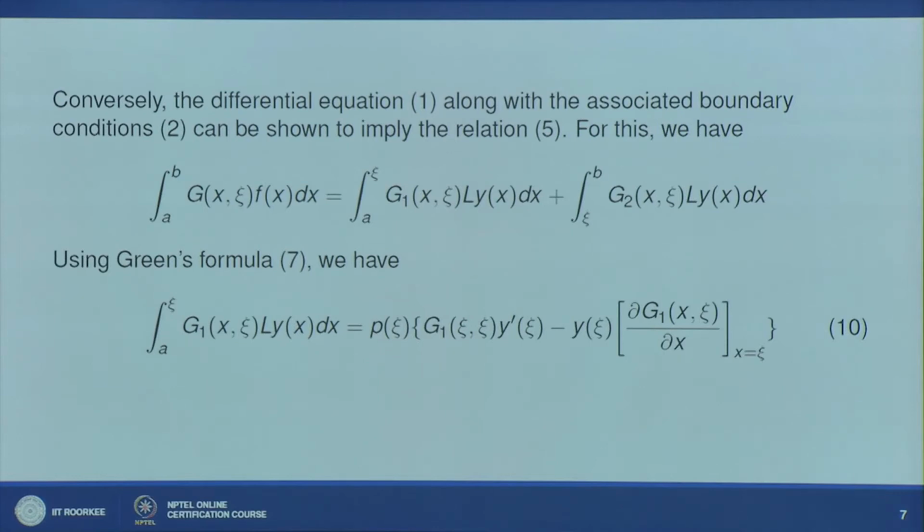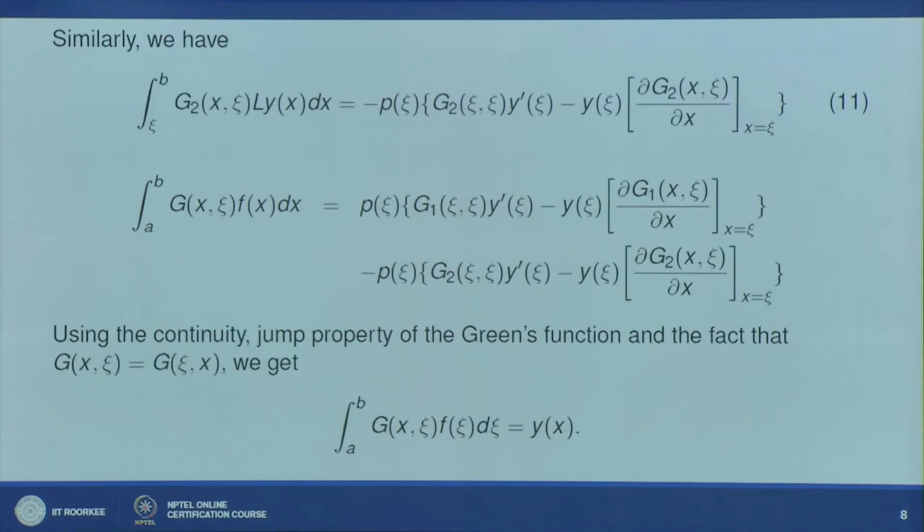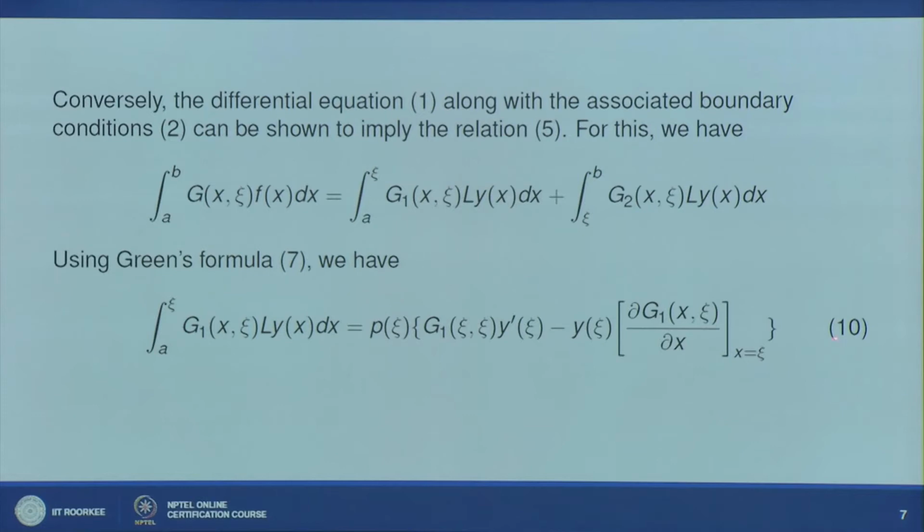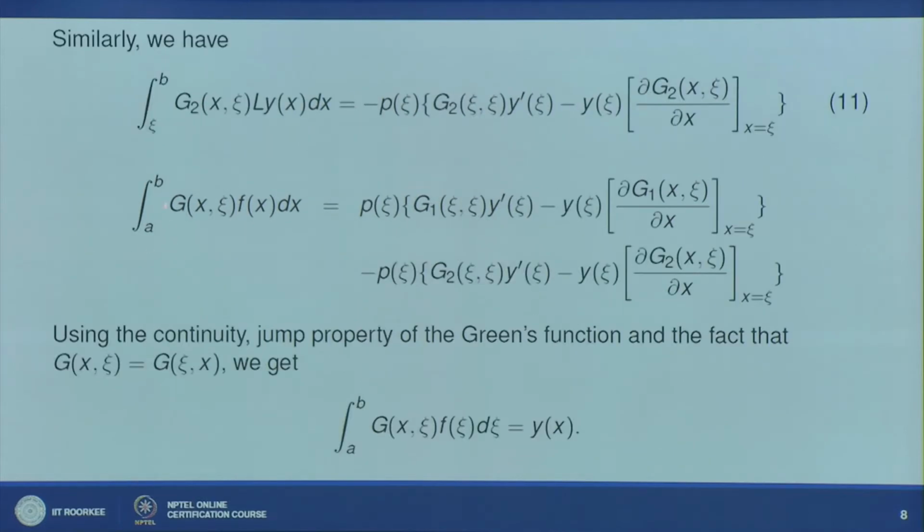The same formula we can apply for the second one, from xi to b, g2 x xi Ly of x dx, and it will be given like this. If we sum these two, using the expressions given in 10 and 11, then we can write the integral from a to b of g x xi f of x dx as this quantity.